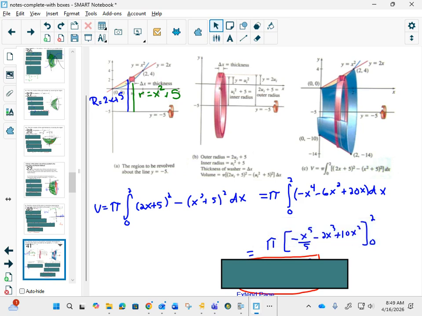Those are nice, easy integrals. And we get our answer.